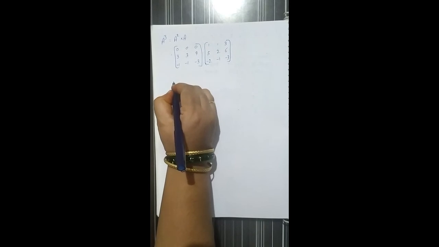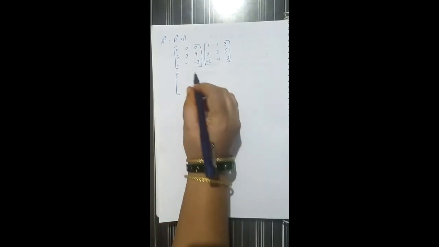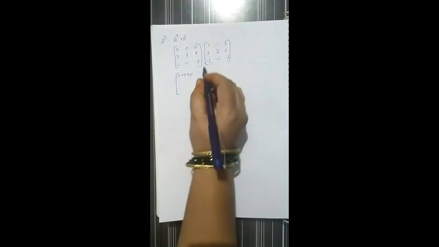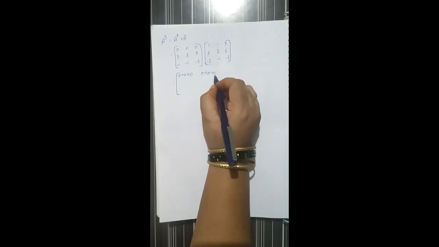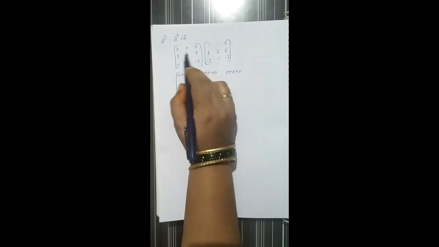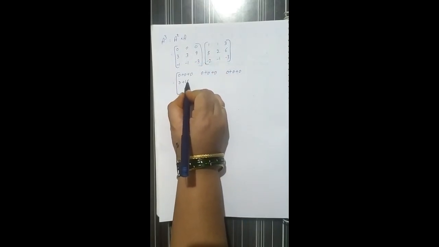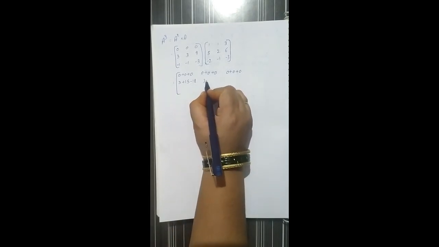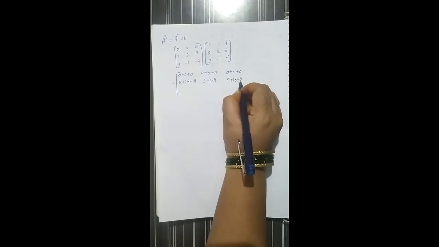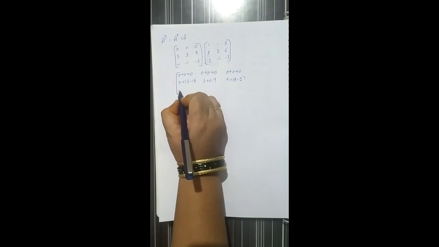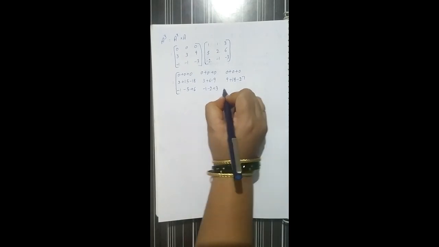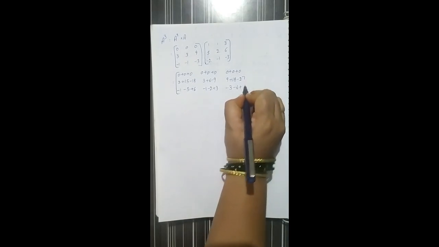We have to multiply these two matrices. First row: 0 plus 0 plus 0, same 0 plus 0 plus 0, 0 plus 0 plus 0. Second row: 3 plus 15 minus 18, 3 plus 6 minus 9, 9 plus 18 minus 27. Last row: minus 1 minus 5 plus 6, minus 1 minus 2 plus 3, minus 3 minus 6 plus 9.